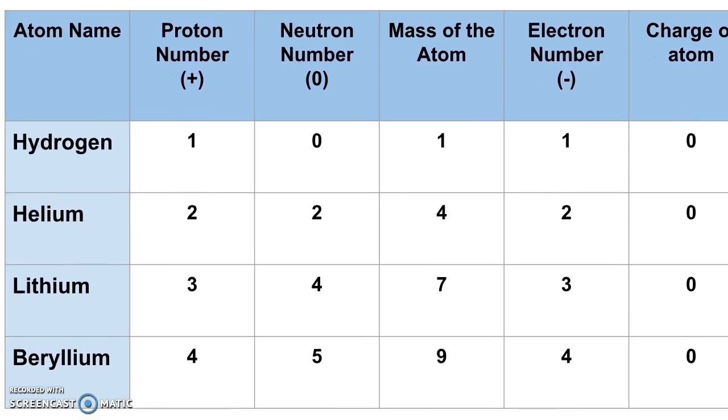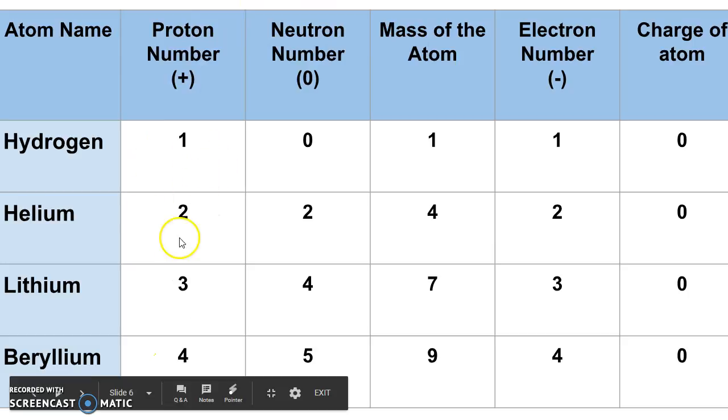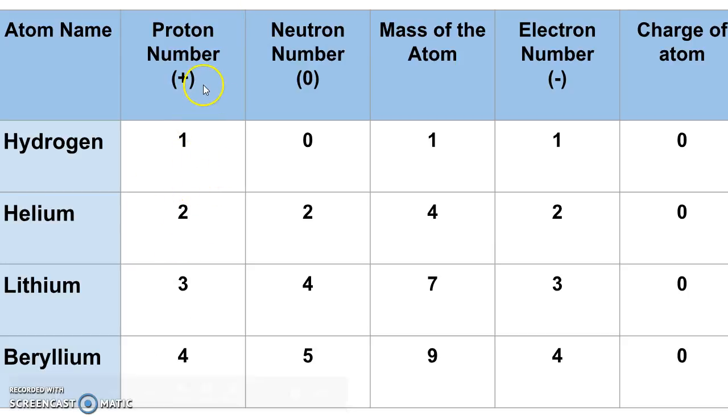Here are the answers for you to check your work. How did you do on that? Find all of these on the periodic table. The protons right here, the number of protons, is the same as the atomic number. Find them on the periodic table.